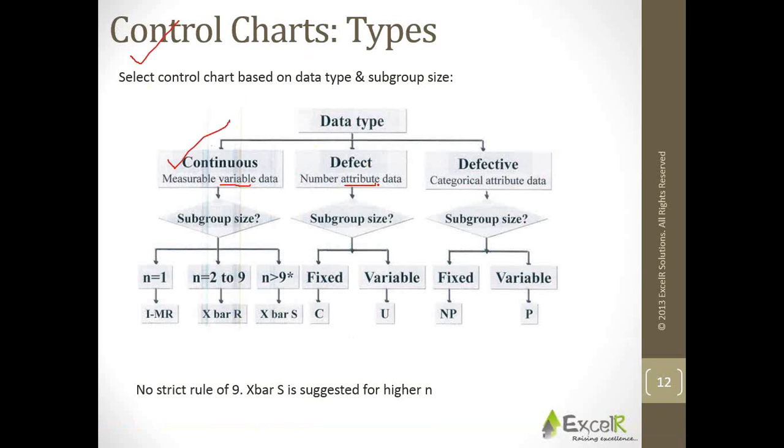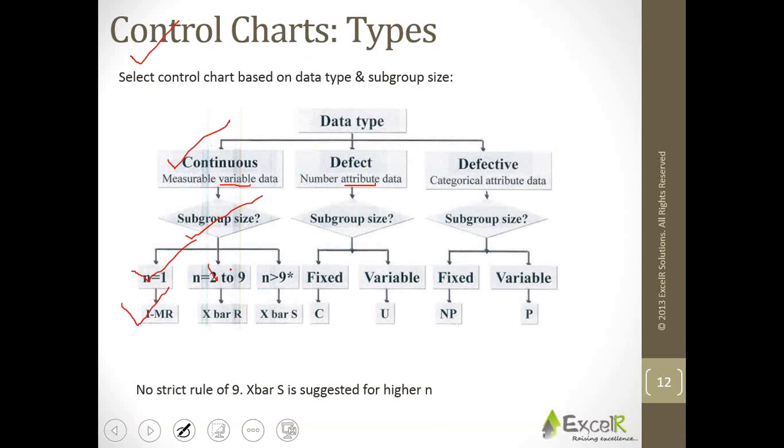Suppose it's a variable chart, and you know the subgroup size, n is equal to 1. If you are taking all the data points from one machine, say Coke bottles are manufactured by one machine, and you plot the height of the liquid within the Coke bottles, it will be an IMR chart.